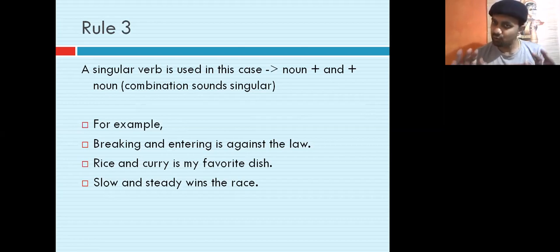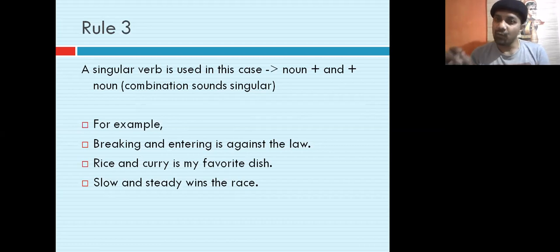Rice and curry, two subjects put together by using and, but they sound like one unit. So once again, singular the verb. So rice and curry is one unit, sounds singular. That's the reason why is is used.